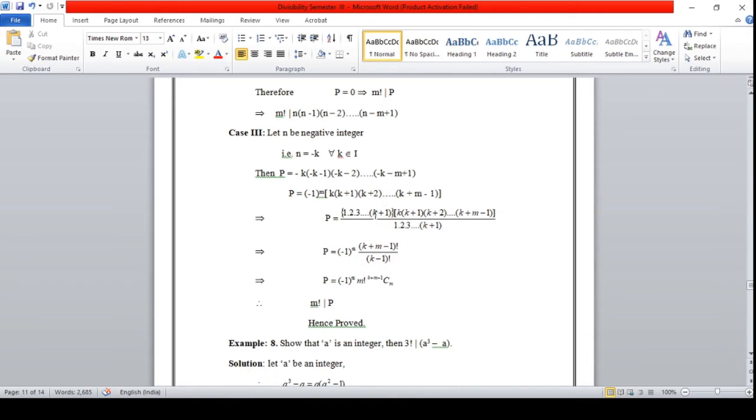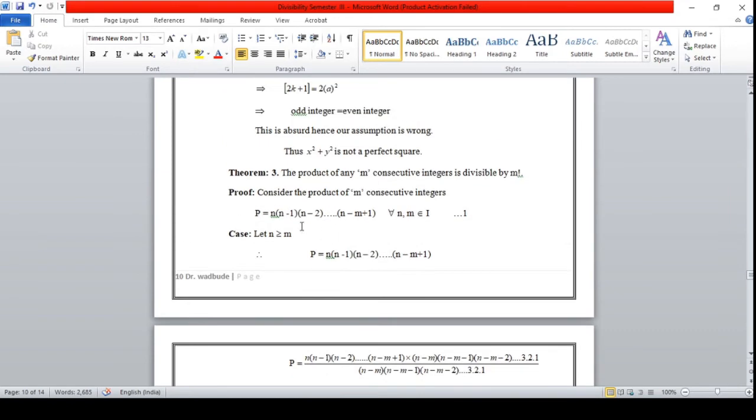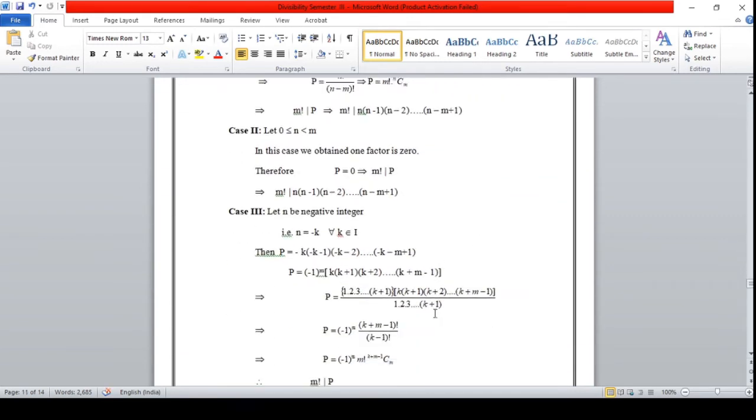Again, multiplying and dividing by 1, 2, 3 up to k minus 1 factorial, we convert it into the form minus 1 raised to the power m, k plus m minus 1 factorial over k minus 1 factorial. This is again a combination. This implies m factorial is a divisor of P, the product of m consecutive numbers. So this theorem is complete.